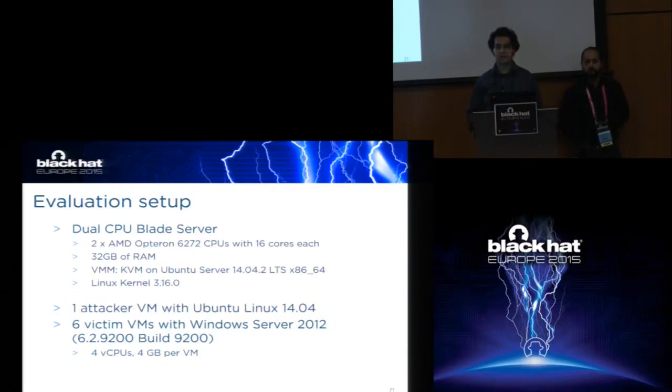We use a recent version of Ubuntu and KVM for evaluating the attack. For the VMs themselves, we use one attacker VM that we control, and then we assume up to 6 other victim VMs that we try to attack. For the configuration of these VMs, we used 4 cores and 4 GB of memory.